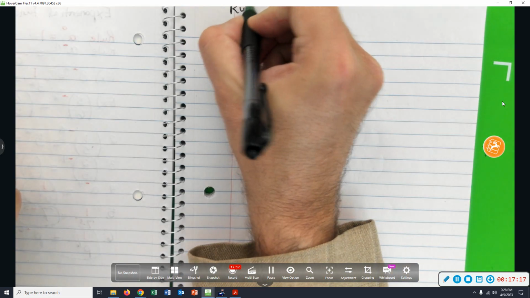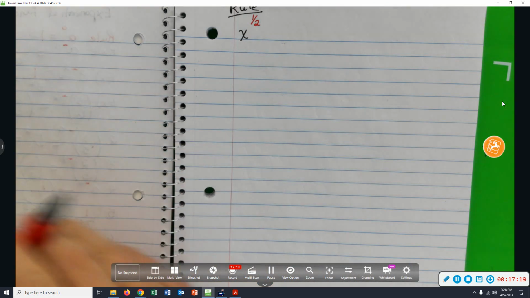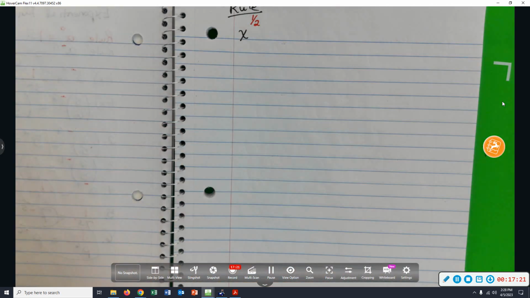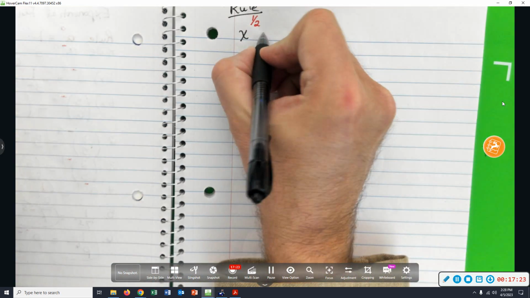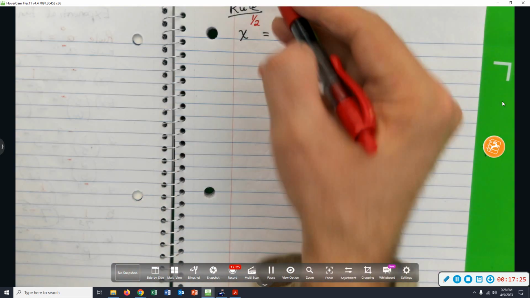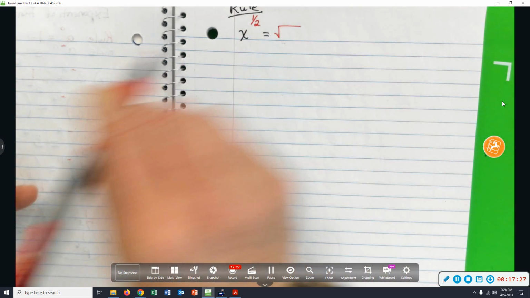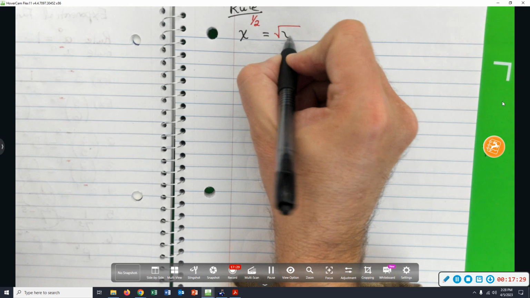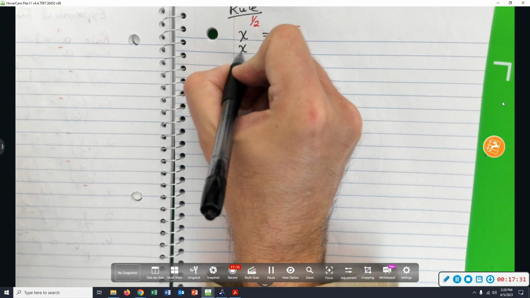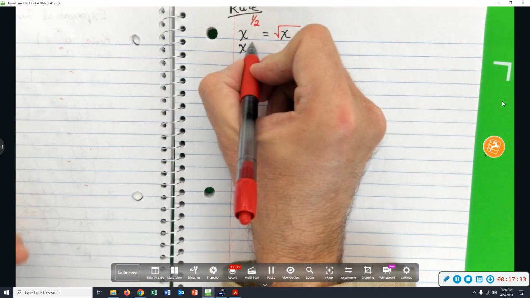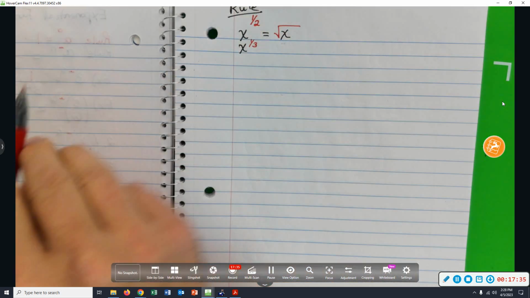And I wonder if y'all remember this. A 1/2 exponent is the same thing as a square root. A 1/3 exponent is a cube root.